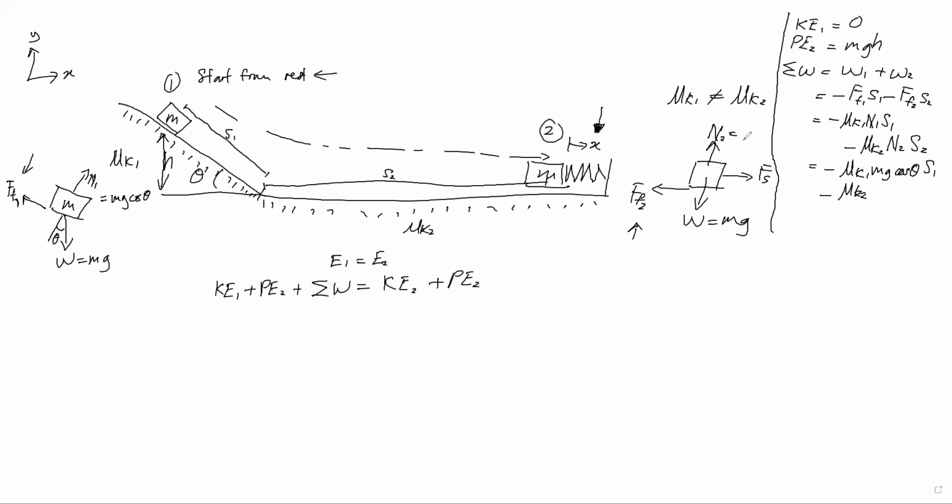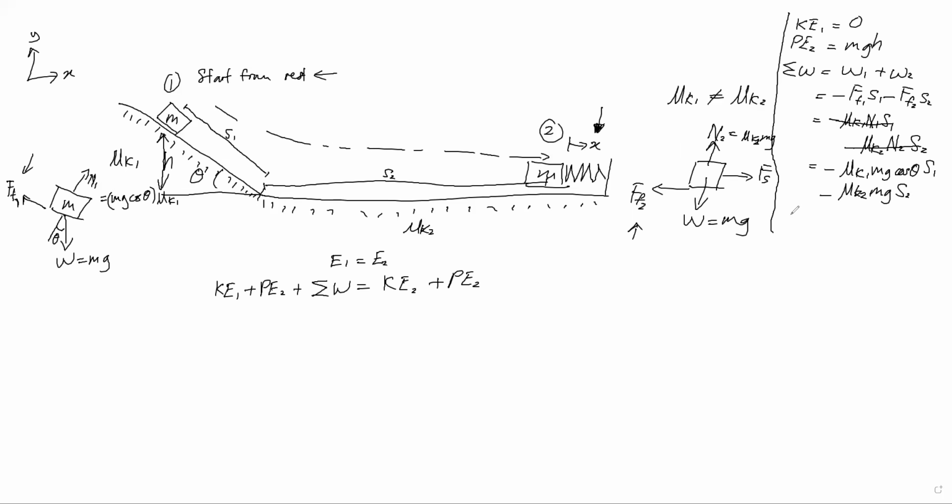Actually N2 is mg. Just ignore this part. So mu k1 mg cosine theta S1, and then mu k2 times mg times the distance S2.